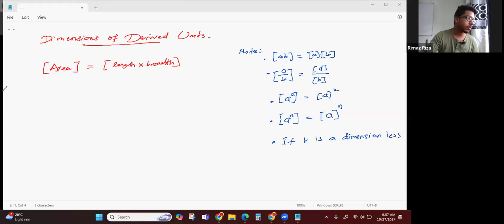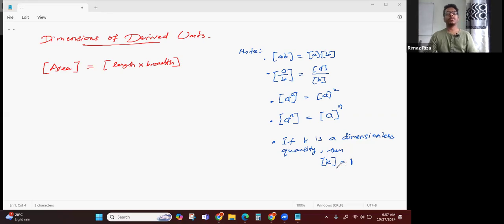Dimensionless is actually one word. Then K's dimension equals 1.